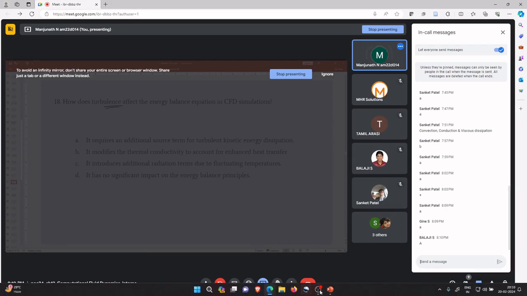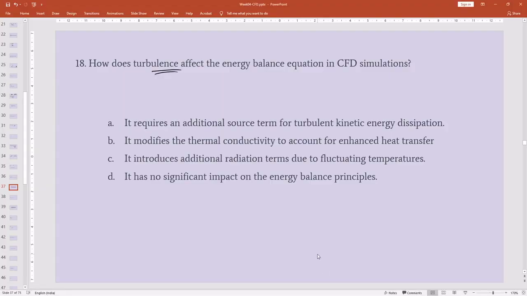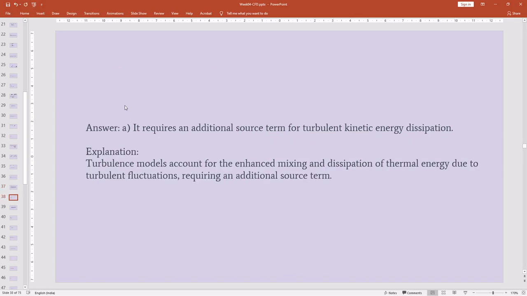Okay, thank you. So the people have responded, and you're right. We need an additional source term for the turbulent kinetic energy dissipation. We know that even the viscous terms are not taken, since they have less effect on the energy transfer.